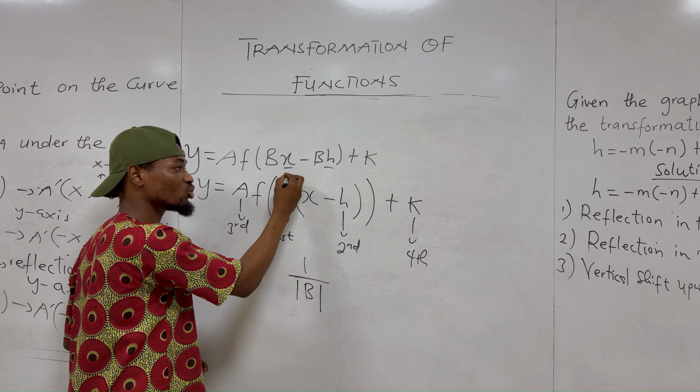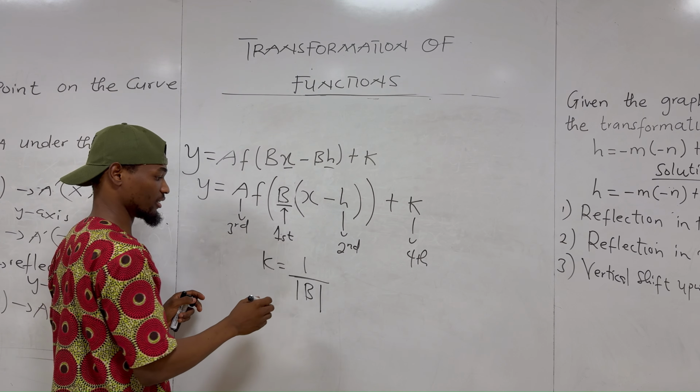So that is our first thing, the key. The coefficient of the closed bracket over here, the parenthesis, is b. And you have to find the reciprocal of b. So it will be 1 over the absolute value of b. So if b were to be negative, I will still have this. I will ignore the negative and take the positive. That's what we mean by absolute value.